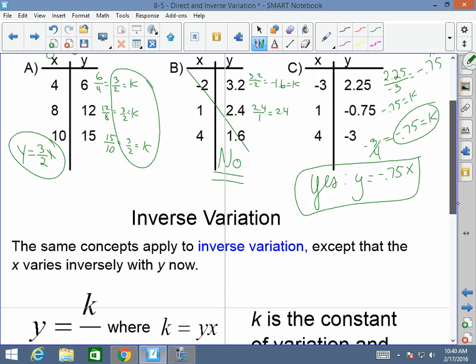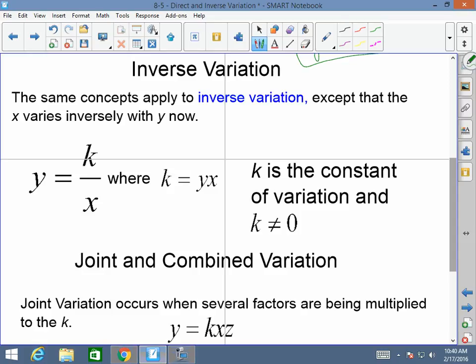Okay. Now, inverse variation. The good news, exact same procedures. The only difference is that the function is a little bit different. When you have direct variation, the k is being multiplied to x, or rather the x is being multiplied to k.